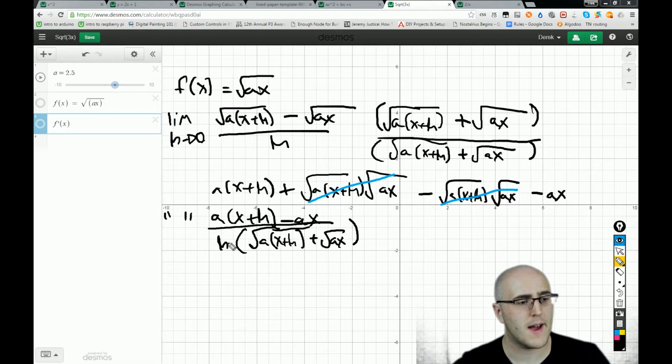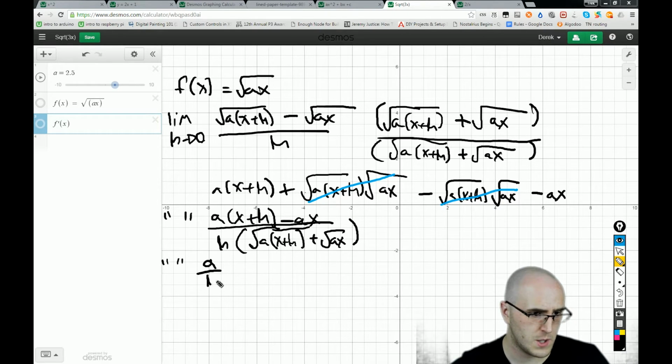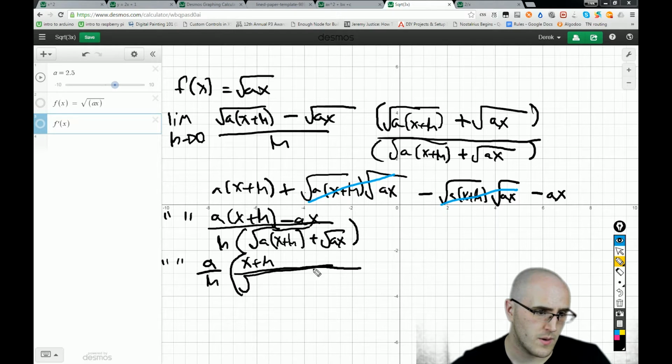Alright, I'm going to factor out our a's and our h. So we end up with a over h, times x plus h over the square root of a(x plus h) plus the square root of ax.